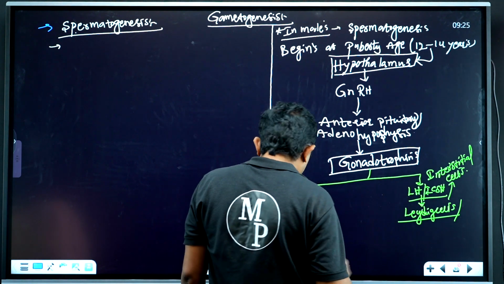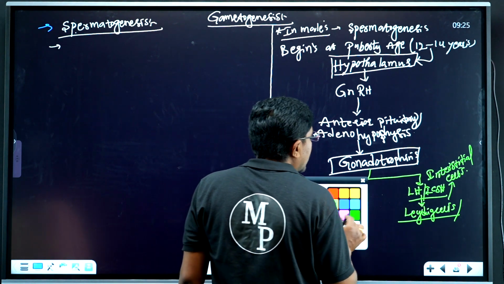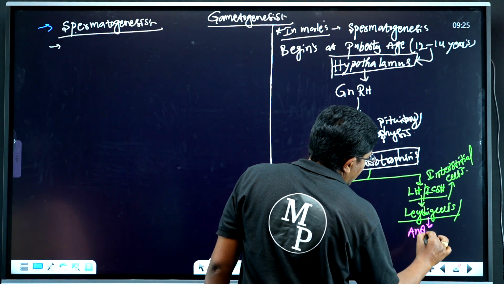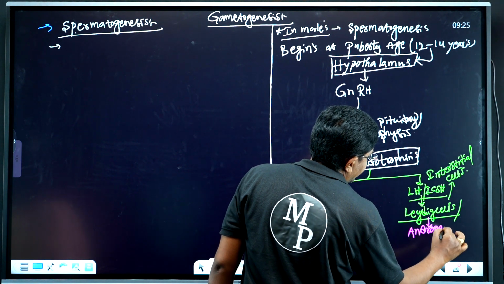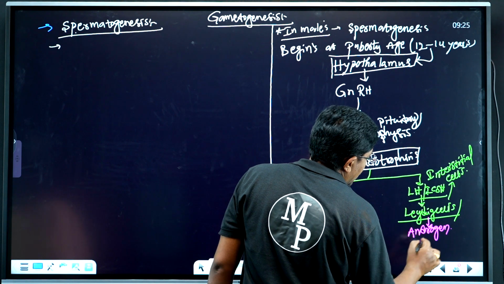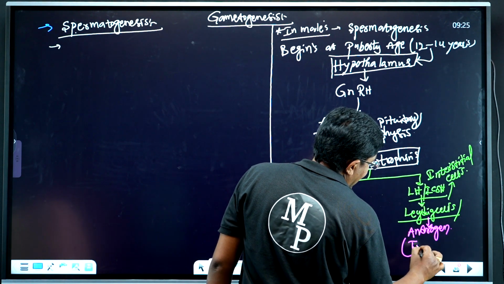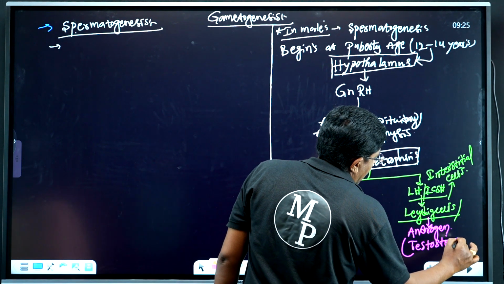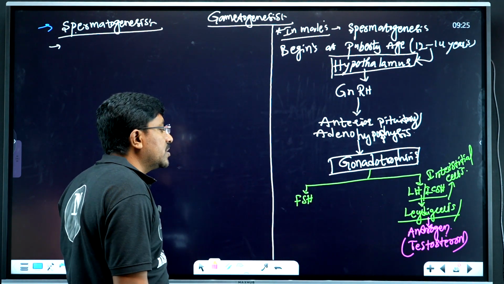The Leydig cells are involved in the production of the male androgen. The androgen is testosterone.